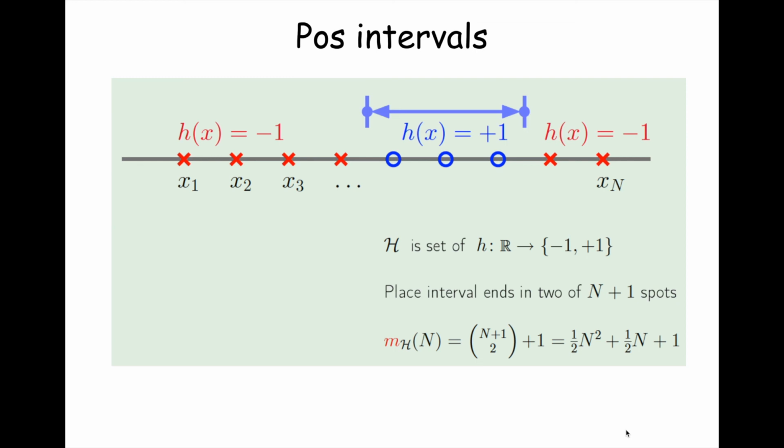So n plus 1 choose 2 plus 1. That's n plus 1 factorial over n plus 1 minus 2 factorial, that's n minus 1 factorial over 2 factorial, plus 1. Well, n plus 1 factorial, let me just erase that.